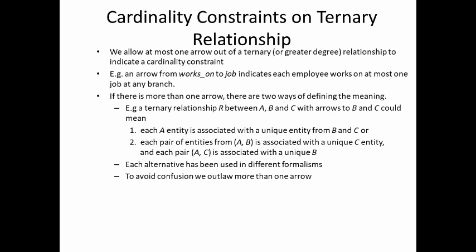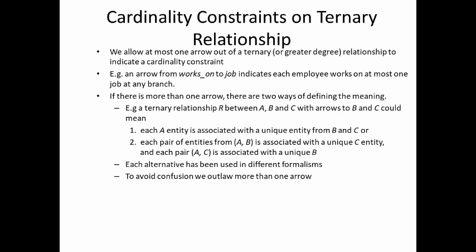Example, a ternary relationship R between A, B, and C with arrow to B and C could mean, number one, each A entity is associated with unique entity B and C, or each pair of entity, that is A and B, is associated with a unique C entity, and each pair of AC is also associated with a unique B.